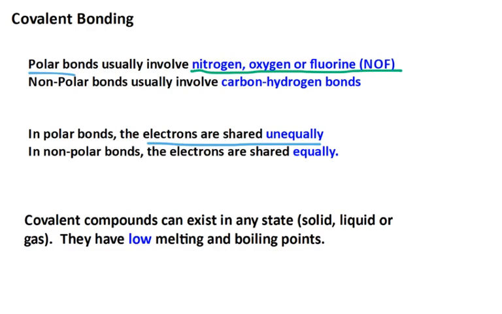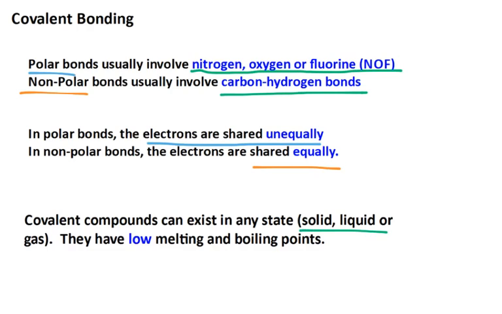So it's where one atom is hogging the electrons a little bit more than the other, and so it's an unequal sharing, or it's a polar bond. Non-polar bonds are an equal sharing, and the elements that are friendly and like to share equally are typically carbon and hydrogen. But again, we're going to go into that in a lot greater detail later.